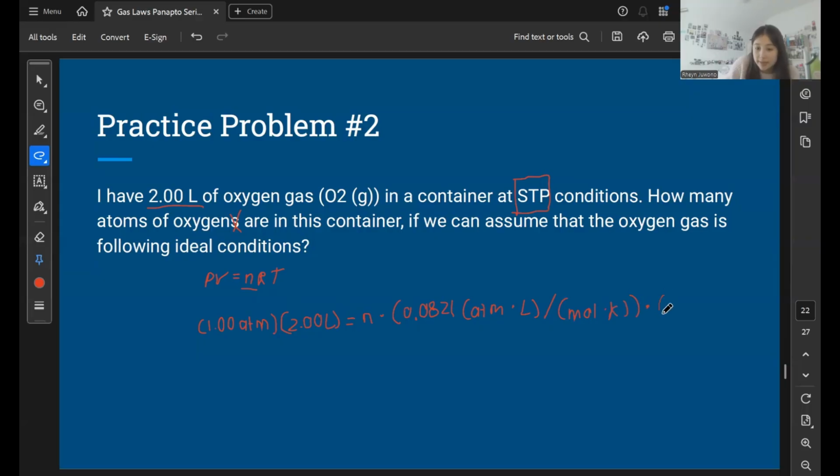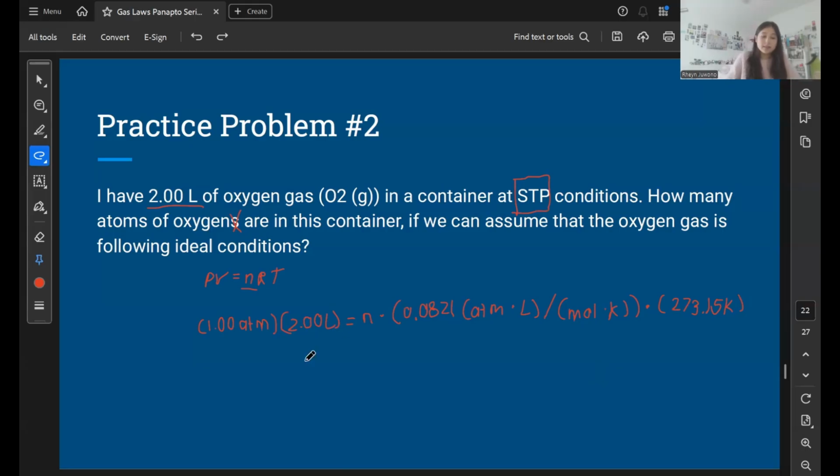And then finally times our temperature, 273.15 Kelvin. Okie doke. So now you can just whip out your trusty calculator and do some division. So we'll have 2 divided by 273.15, and then divided by 0.0821.